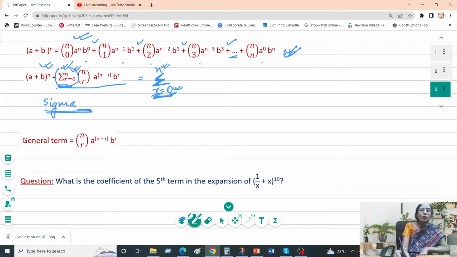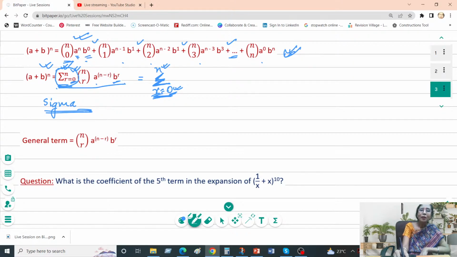The starting term's R value is equal to 0. And you see, instead of nCr, we have written nC0. So we have just substituted the value of R over here. a to the power of n minus R should be a to the power of n minus 0, or a to the power of n. b to the power of R is b to the power of 0.